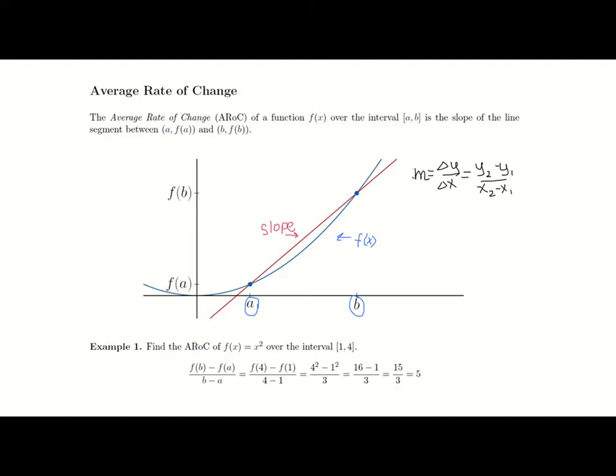Except in this example, we're thinking about function notation, so instead of y2 minus y1, maybe we would think of f of x2 minus f of x1 instead of y2 minus y1.